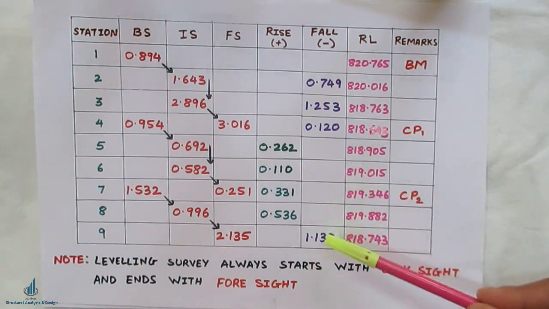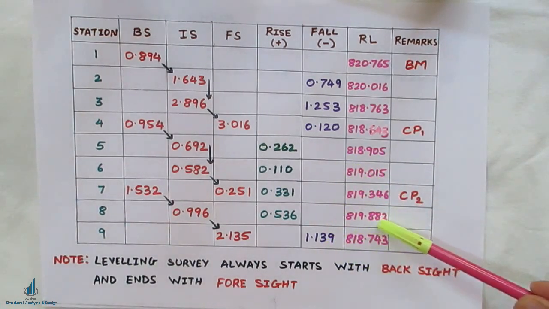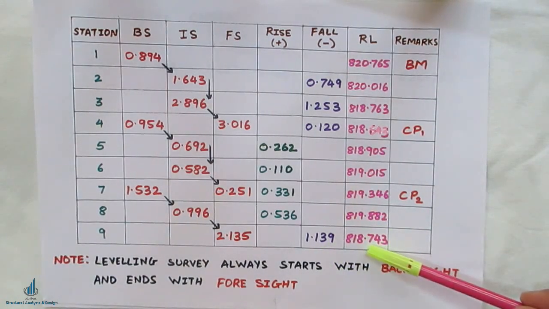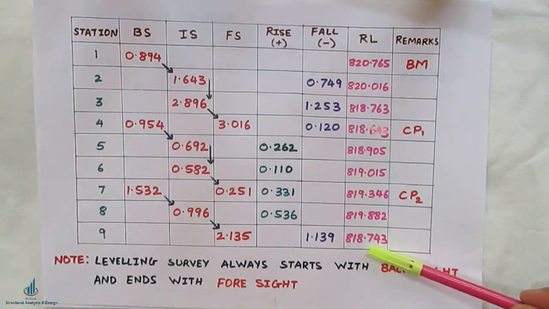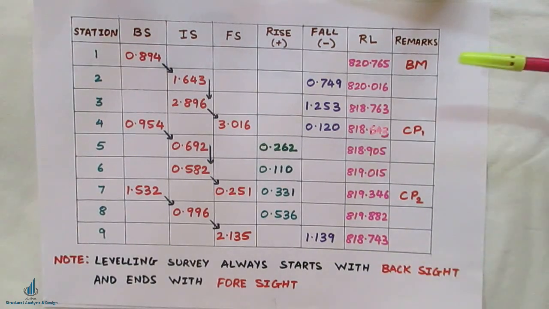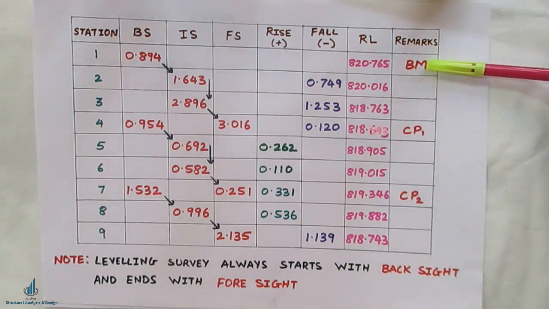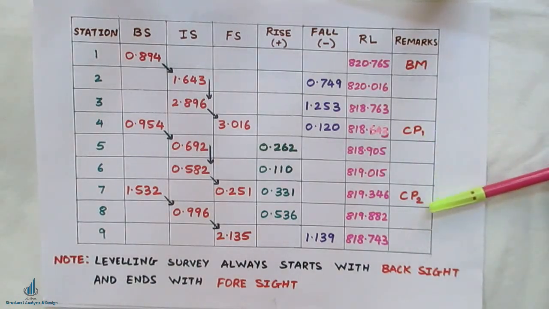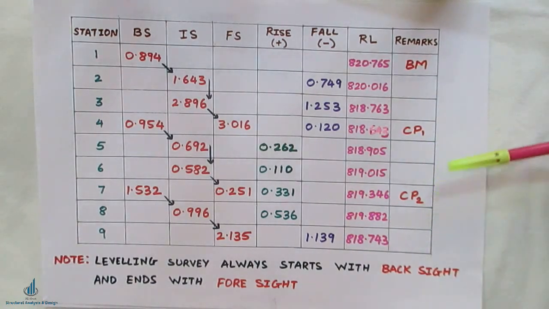One more, there is a fall value, that is 819.882 minus 1.139. You will get the last RL as 818.743. And as usual, in the remarks column, first will be the benchmark value, then whenever there is a change point you have to mention CP1, CP2. In this problem there are two change points, so CP1 and CP2.